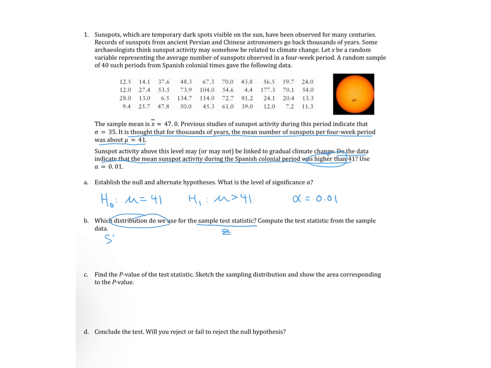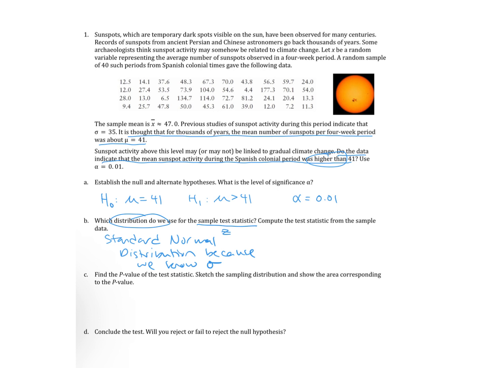We use the standard normal distribution, because we know sigma. If we did not know sigma, we would use the student's t distribution.